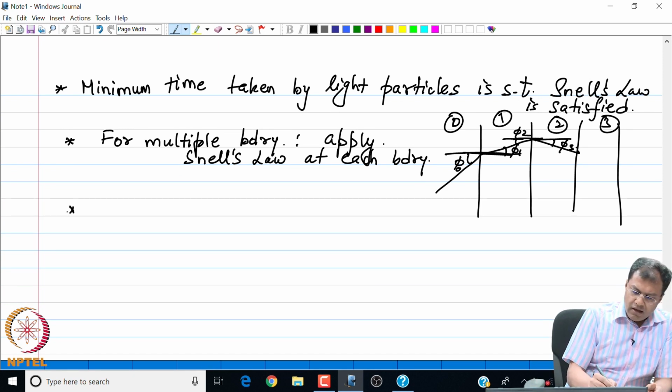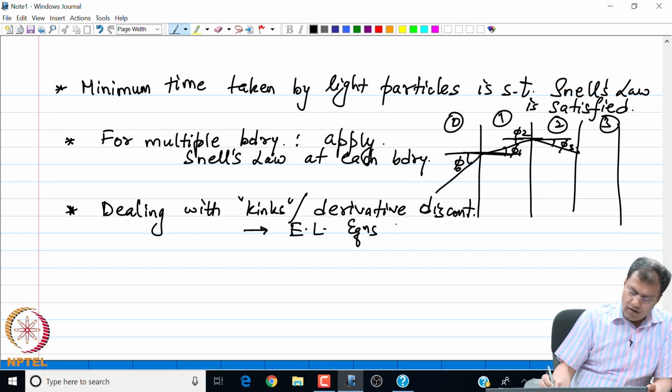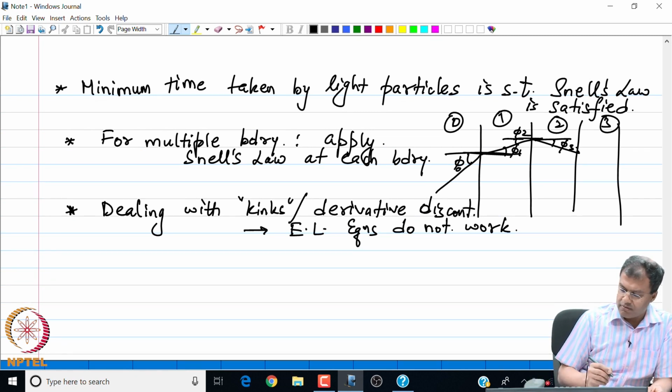So, which means, well, although this problem was fairly simple, in general dealing with kinks or derivative discontinuities is not very easy, and in that case the Euler-Lagrange equations do not work.